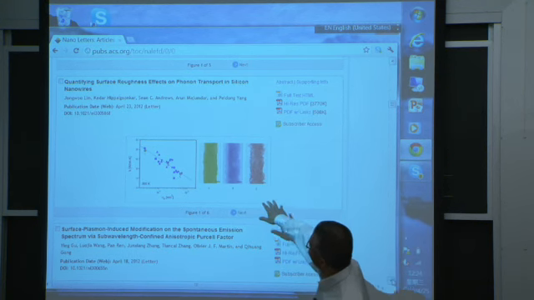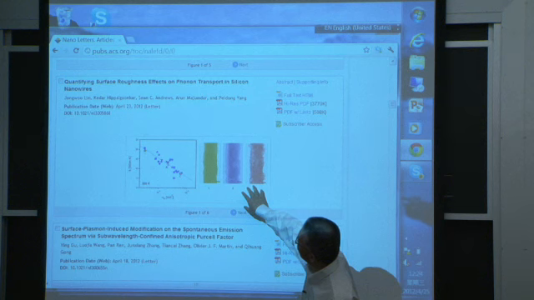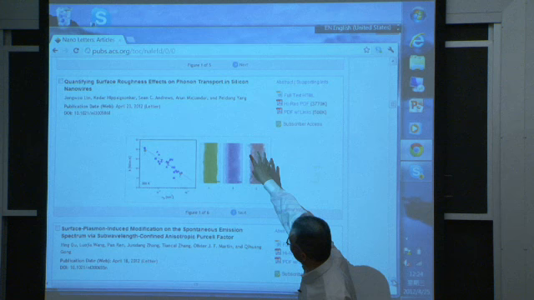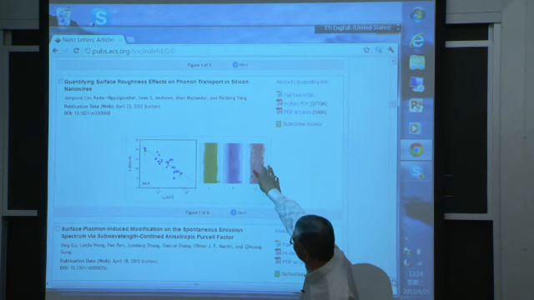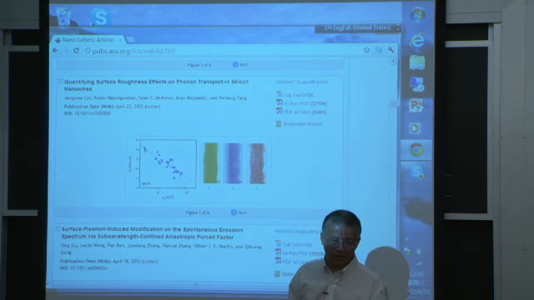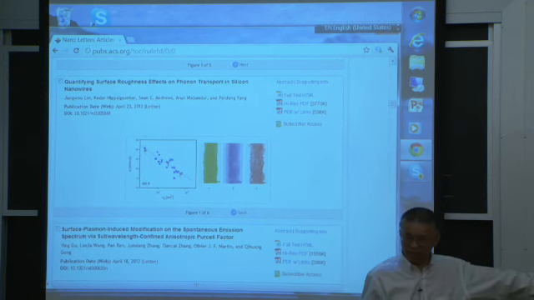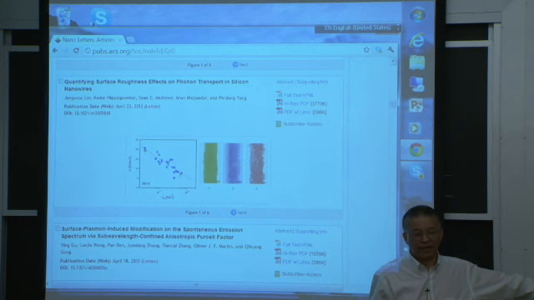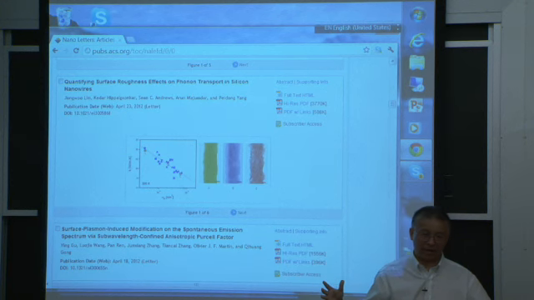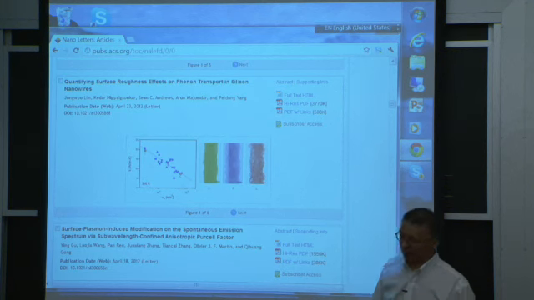This one they sent me. This is work that Arun Majumdar and Peidong Yang together have been working on for many years. What they observe is that the thermal conductivity of some roughened wires is low, and cannot be explained by Fuchs-Sondheimer theory. There are many papers written on this. And some people claim they have high ZT silicon nanowires, and many people say that's probably not correct.